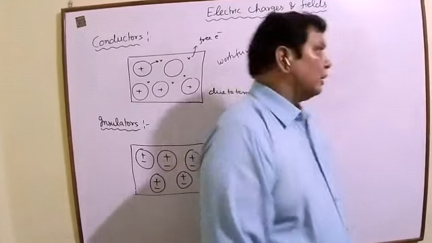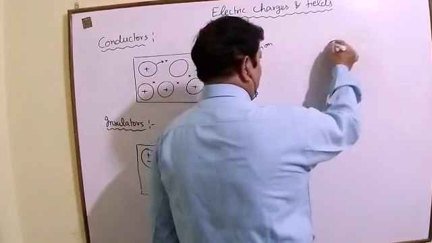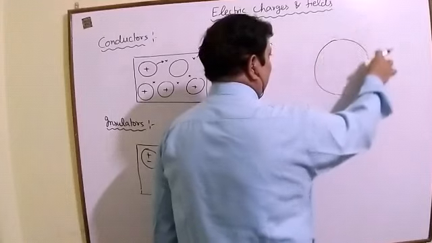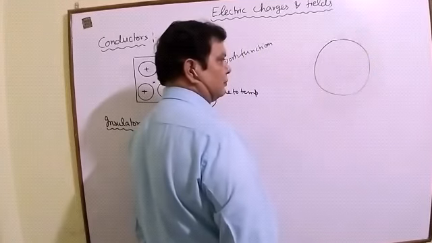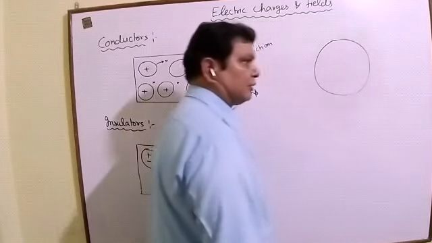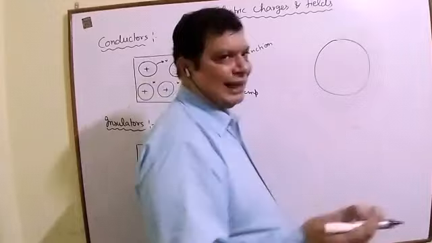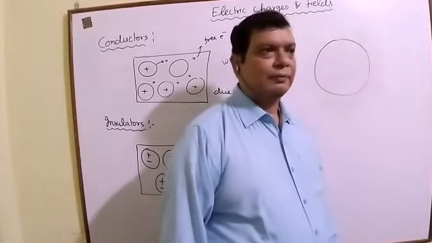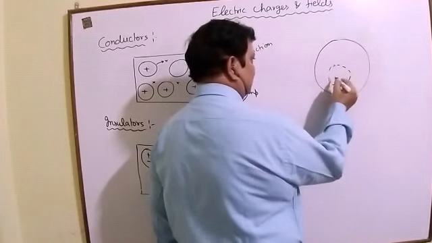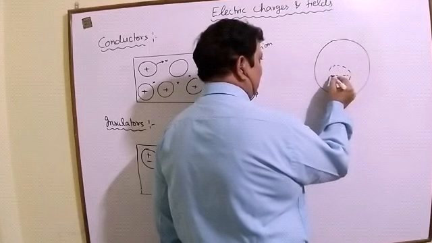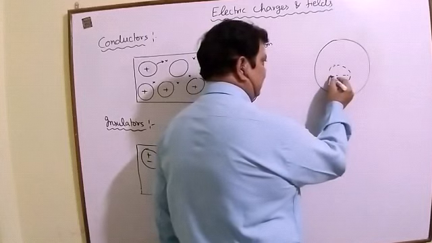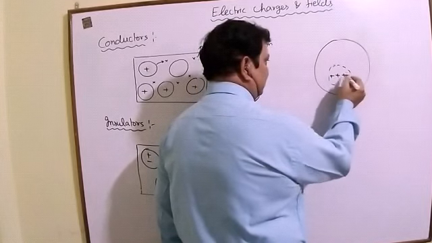One more thing: in conductors, whenever charge is given, the charge resides over the surface of the conductor. Suppose you have to make a conductor positively charged. For it, you have to detach some electrons from it, and you have detached an electron from this place. If the electrons are detached, some deficiency of electrons will develop at this place, and deficiency of electrons is considered as positive charge.